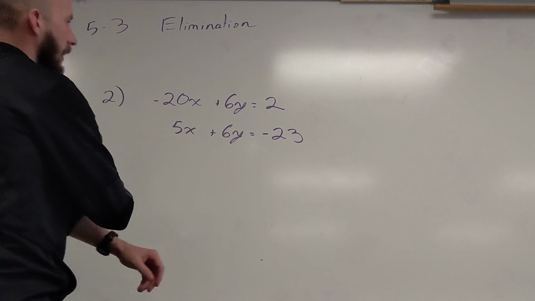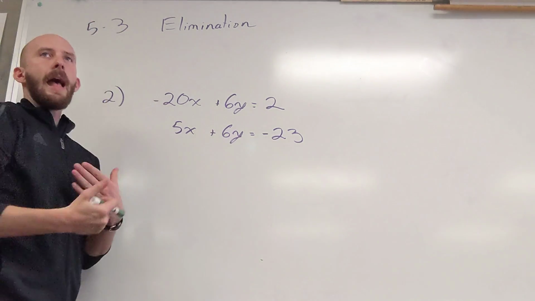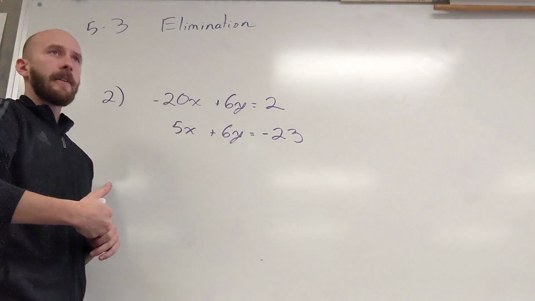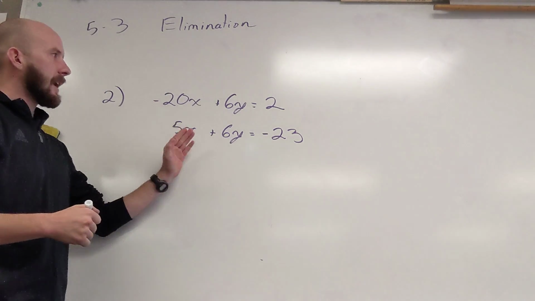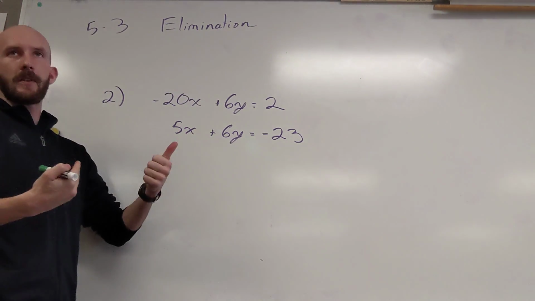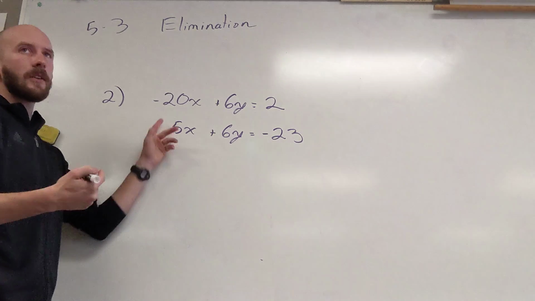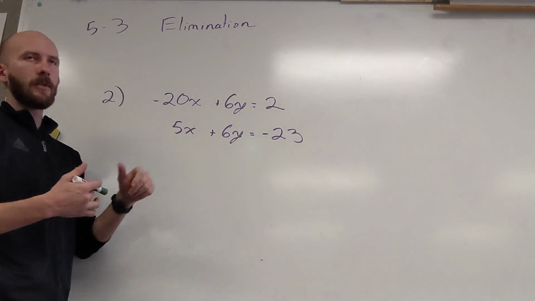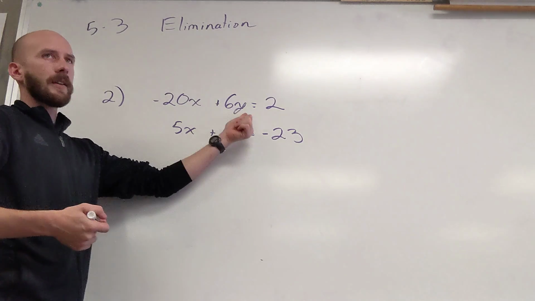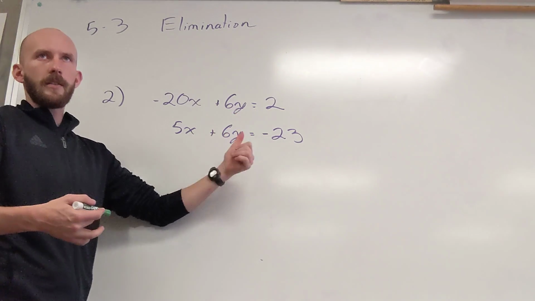So same idea here. I need to add or subtract to cancel out a variable, and in order to cancel it out, I'm always going to have the same or opposite coefficient, right? So like the x's here, I'm not going to be able to cancel by adding or subtracting. It's not going to do me any good. But if I look at the y's, we've got 6y and then 6y.